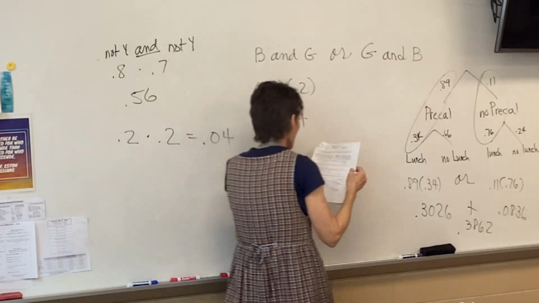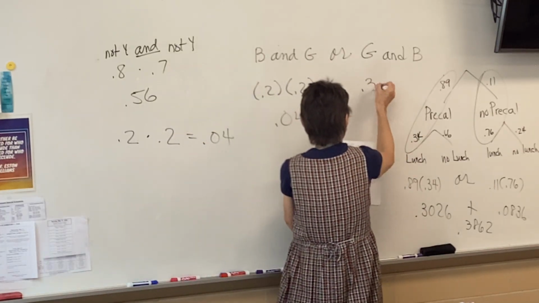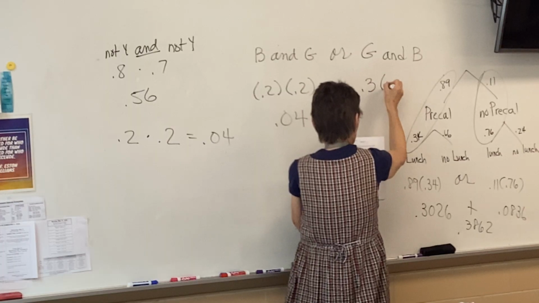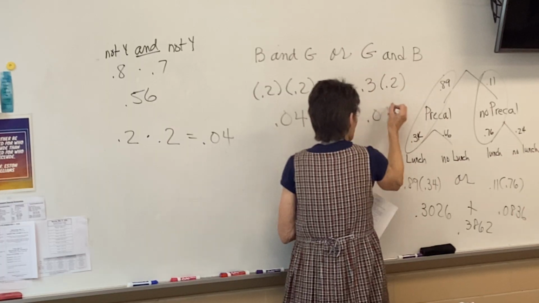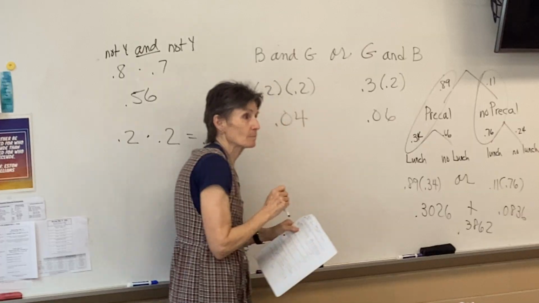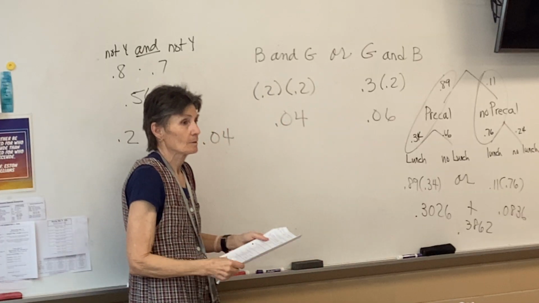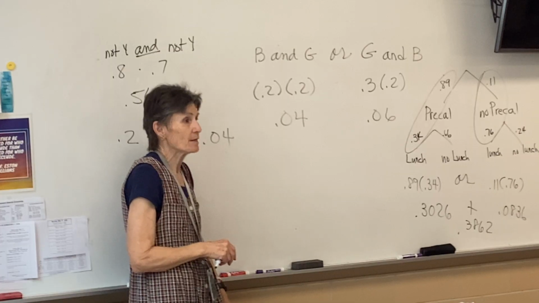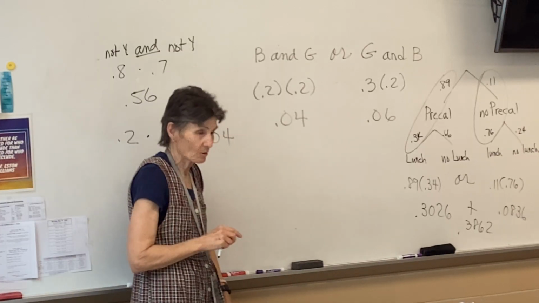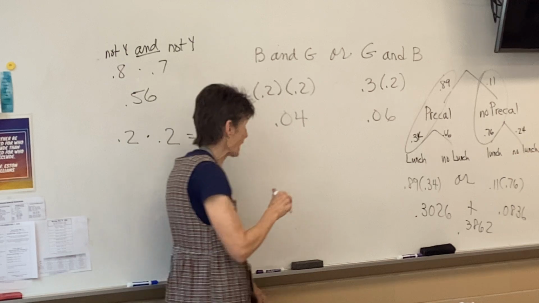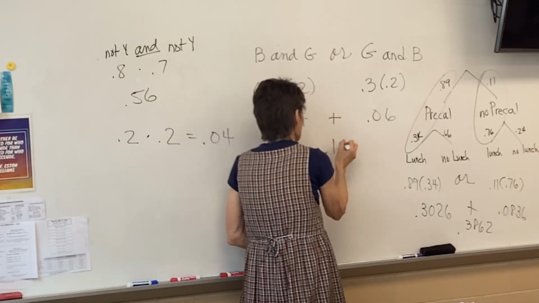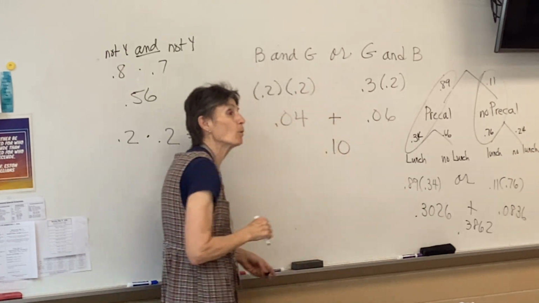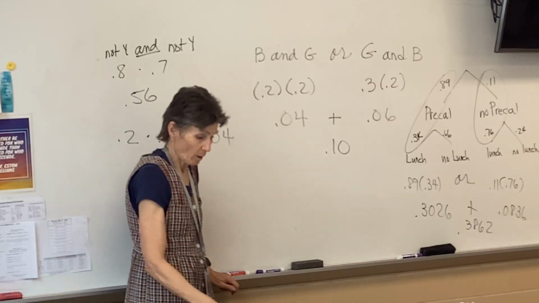Then the other way around, green and brown, 0.06. But since it's one or the other, I'm going to add them. And the answer is 0.10 or just 0.1.